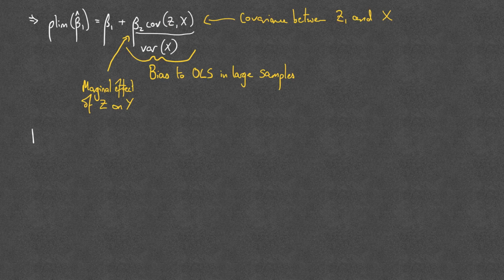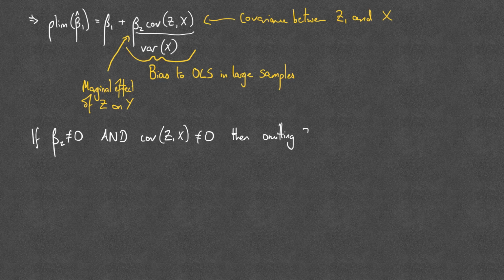So if beta 2 is non-zero and the covariance between z and x is non-zero, then omitting z will cause bias in large samples and causes the estimator to be inconsistent. If either of these are 0, then omitting z doesn't cause any problems.